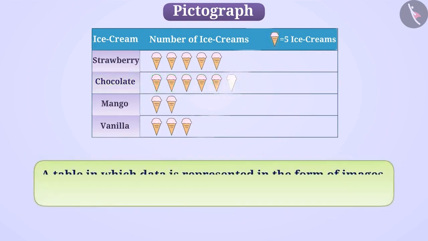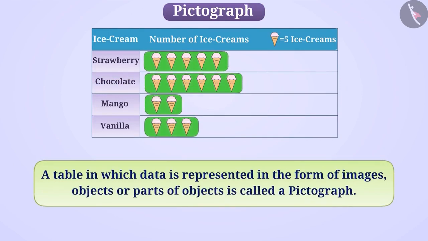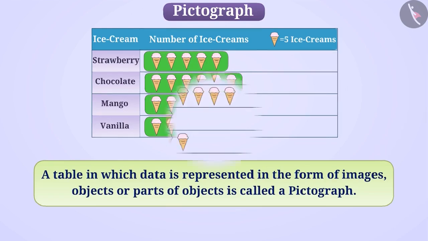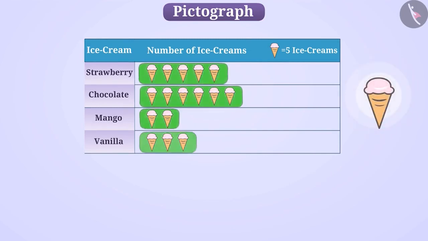A table in which data is represented in the form of images, objects, or parts of objects is called a pictograph. In any pictograph, similar images are used to represent the data.